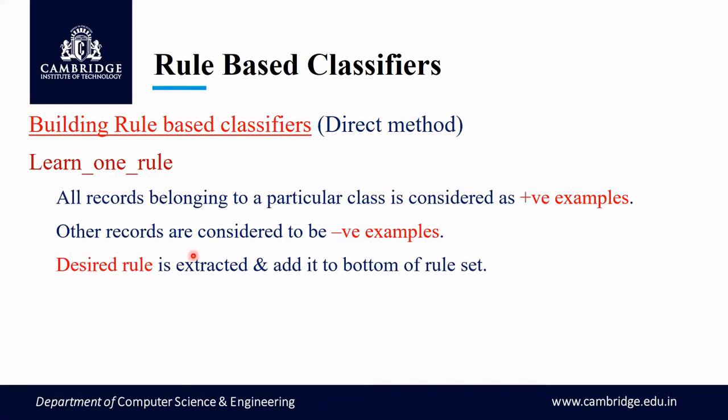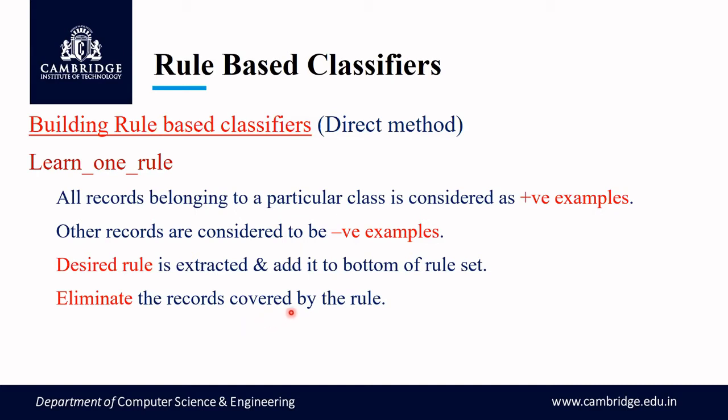I can say that no negative example will be covered, or very few negative examples will be covered. That is a desired rule. As and when we derive a rule, we add it to the bottom of the list. Next, eliminate the records covered by the rule.